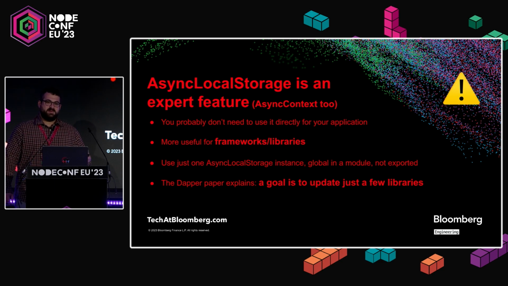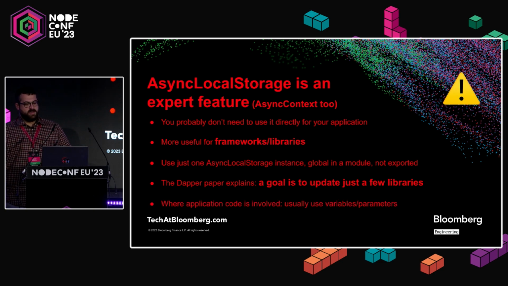In practice, there end up being a lot of these points in different libraries, but still, these days, APM vendors can instrument just a certain number of libraries, and it ends up implementing tracing for the application. So in general, when you're writing application code, you have variables, you have parameters to functions. That's probably a better way to pass around information than async local storage. But when you need it, you need it.